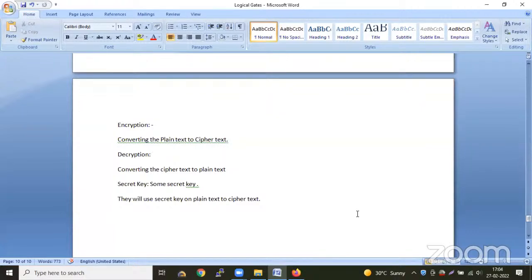Sir, will you be the computer application teacher for the next term also? That might be possible or might not be possible, because I have some other work, so I may not be a full-time employee here.